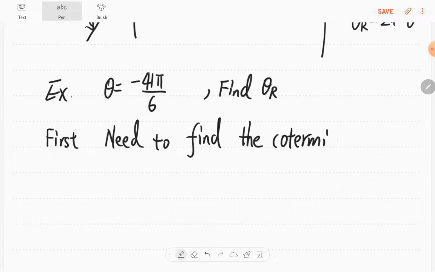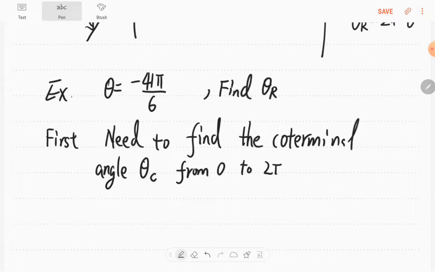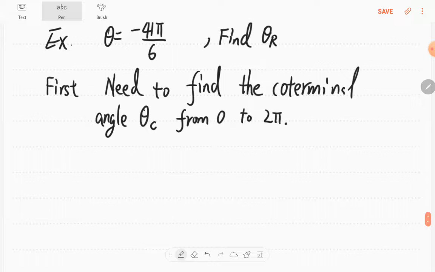If this angle is not in the region from 0 to 2 pi, then we need to find the coterminal angle, which is denoted by theta c. C means the coterminal angle from 0 to 2 pi. So this is the first thing we need to do, right?